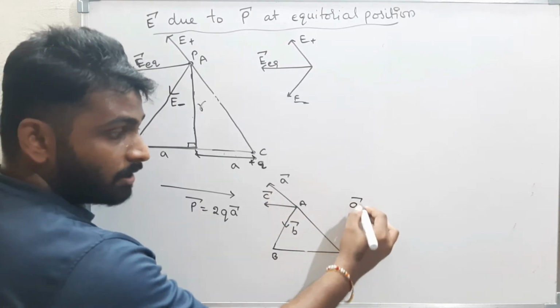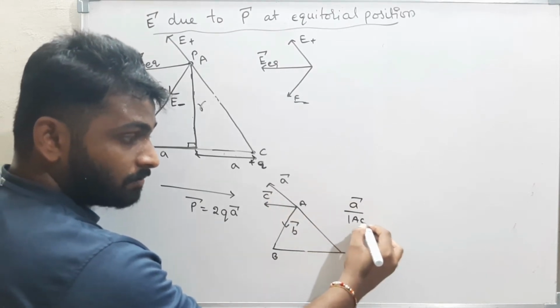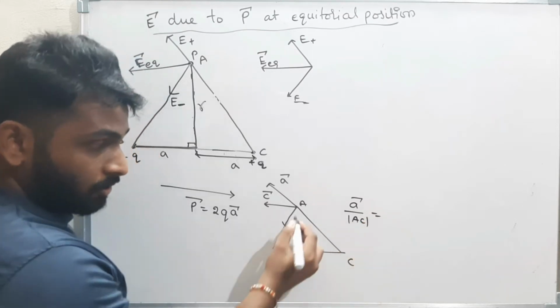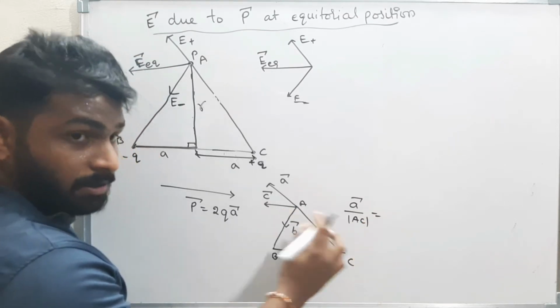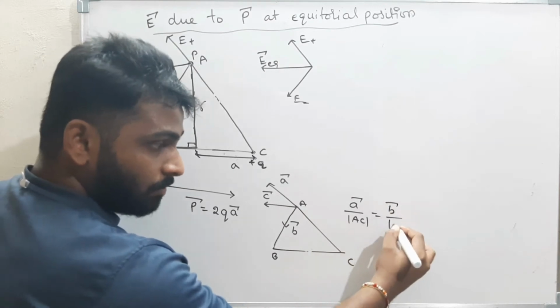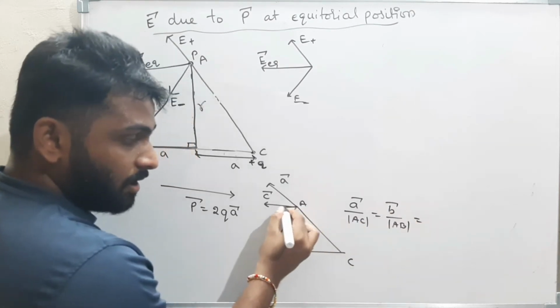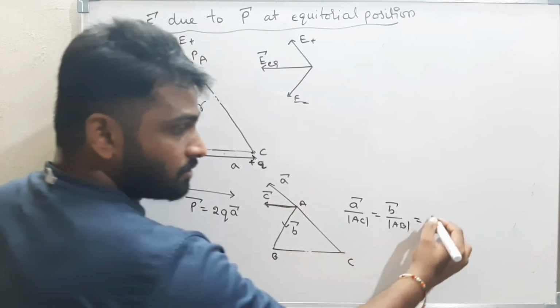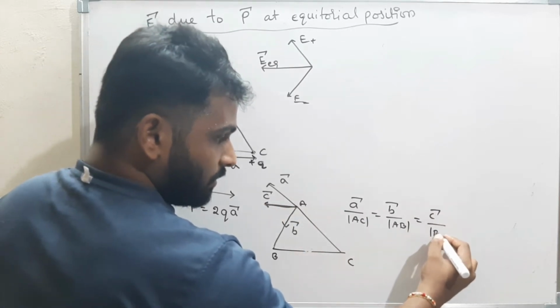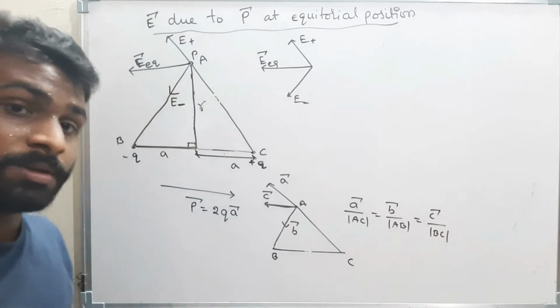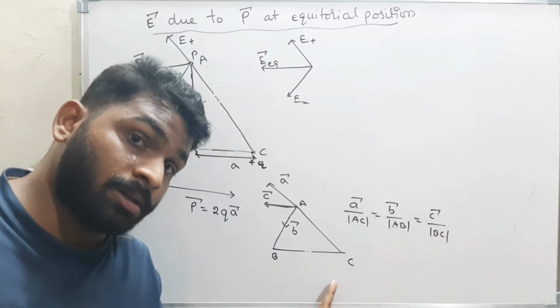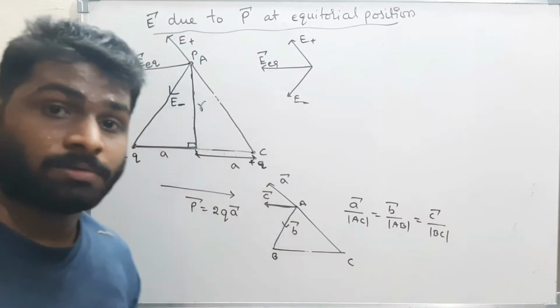Therefore A bar by AC must be equal to B bar by the magnitude of AB, which must be equal to C bar by BC. Remember this, Lami's theorem is about vectors. If you don't know, just revise the video.